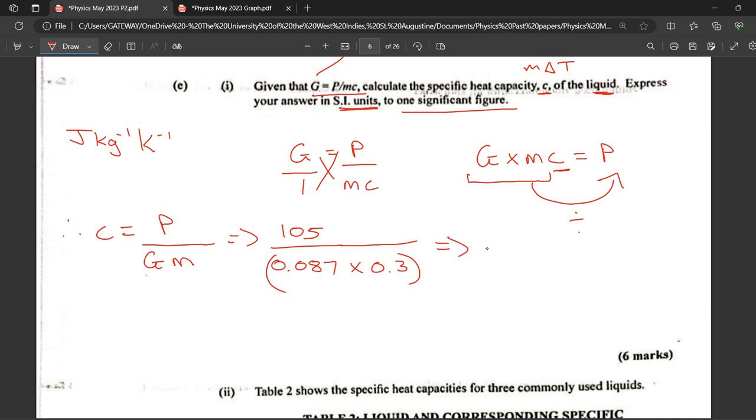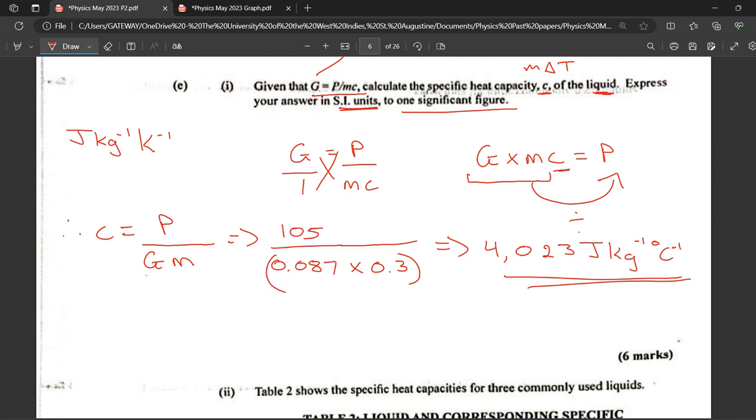So when we work this out, we should get something around 4,023. And the units are in terms of degrees Celsius, so joules per kilogram per degrees Celsius.